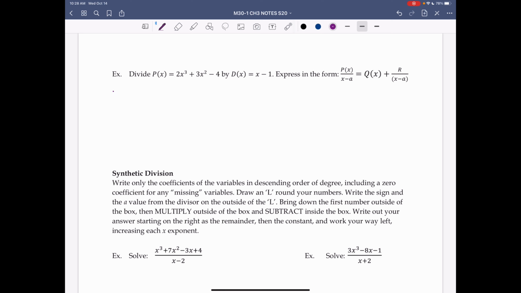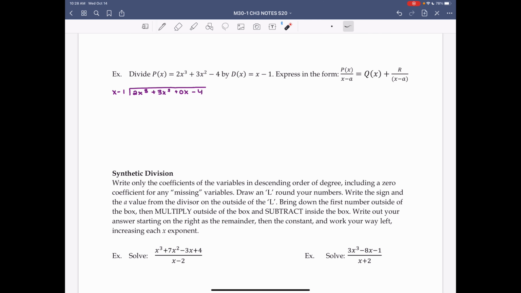My divisor is x minus 1. My dividend is 2x to the 3 plus 3x squared. We don't have an x term, but we need to write an x term. So plus 0x minus 4. You always need to include any missing term with a 0 coefficient.